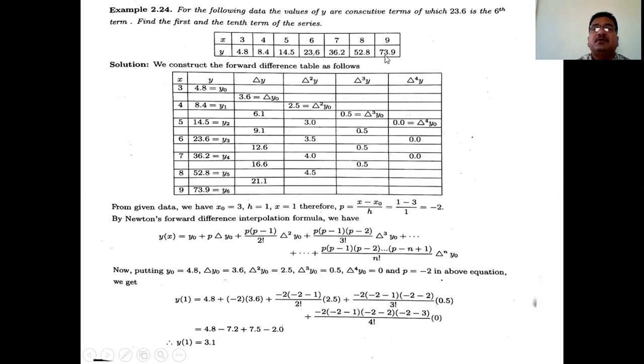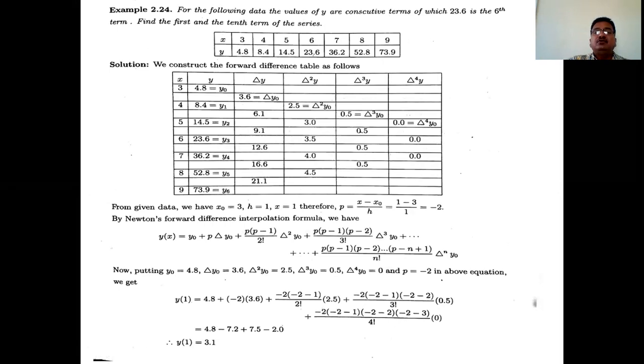That is the problem of interpolation, and here the values of x are equidistant. That's why we can use Newton's forward, Newton's backward, or Lagrange's interpolation formula. It depends on you. But if the values are equidistant, my suggestion is to use Newton's forward or Newton's backward.